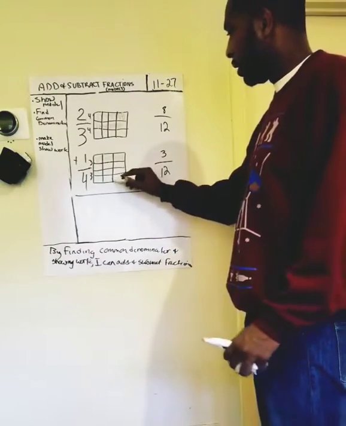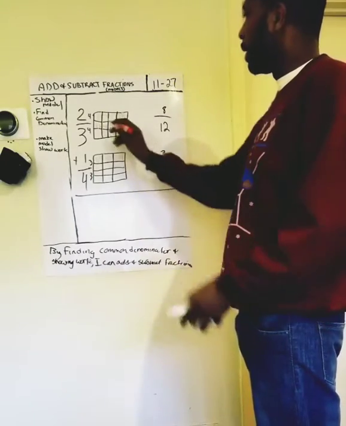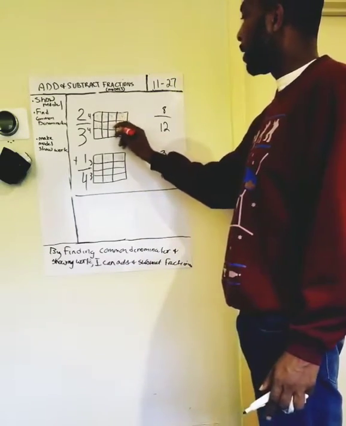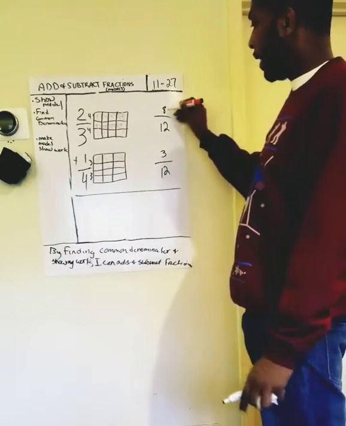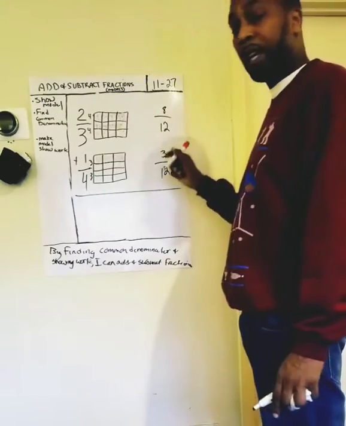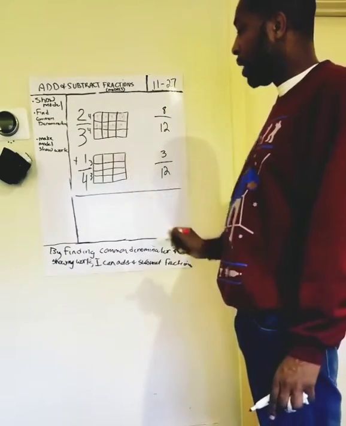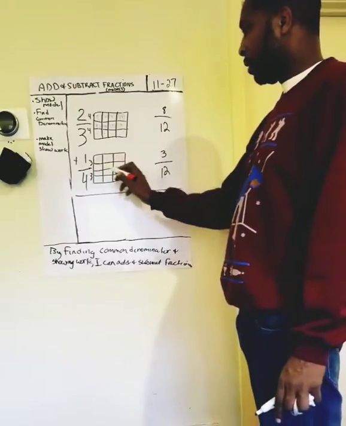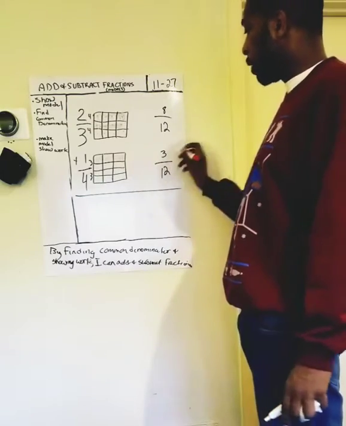Okay. So you see we got 1, 2, 3, 4, 5, 6, 7, 8 out of 12. 8 12ths. 8 out of 12 are shaded, right? Okay, down here I got 1, 2, 3 out of 4, 5, 6, 7, 8, 9, 10, 11, 12. 3 out of 12 are shaded, right?